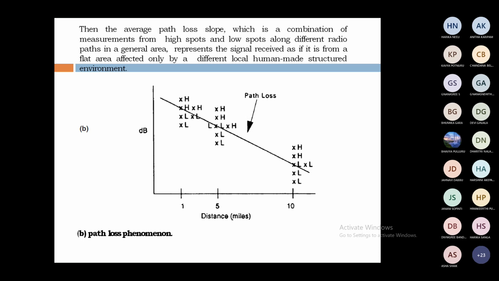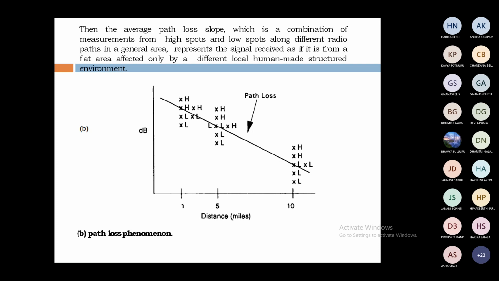Similarly, for the 5th mile and the 10th mile, draw cross marks, take the average for each, and finally draw a curve through the average points. That is the path loss curve.